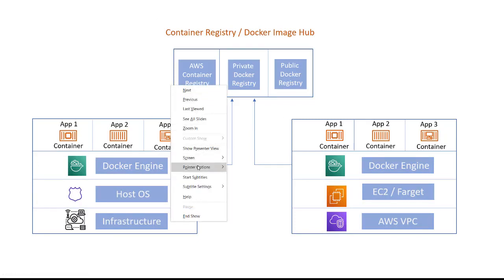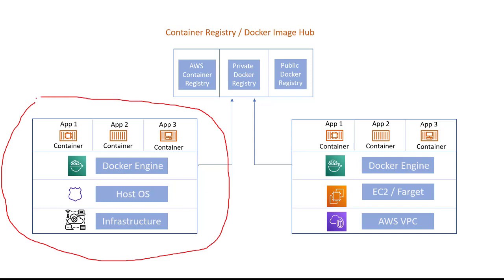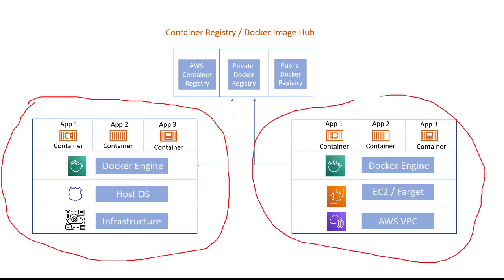in this diagram, let me explain. This is your traditional on-prem container or Docker environment, and this is the environment we have in AWS. This is the traditional Docker environment. In your on-premises you have infrastructure, your own VLANs and everything. You have your operating systems, where you run Windows as well as Linux.